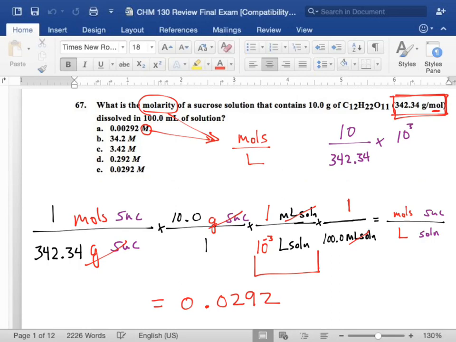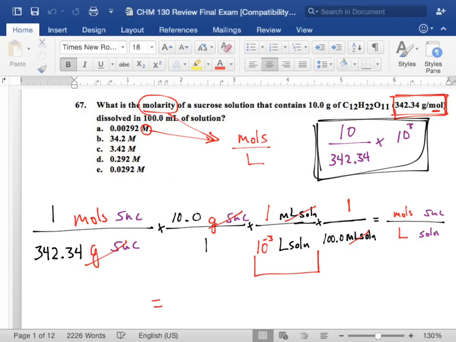No, you didn't do the power of 10 shift. You just did the 10 divided by 342. We also have the power of 10. Oh, I was just doing grams for some reason. Okay, so 10, somebody do it?